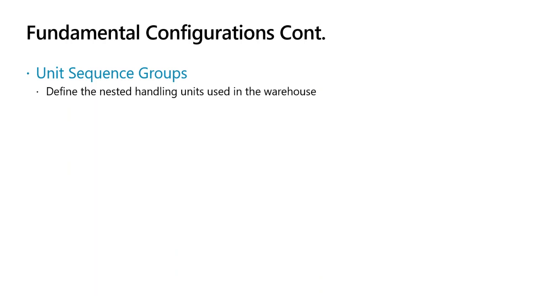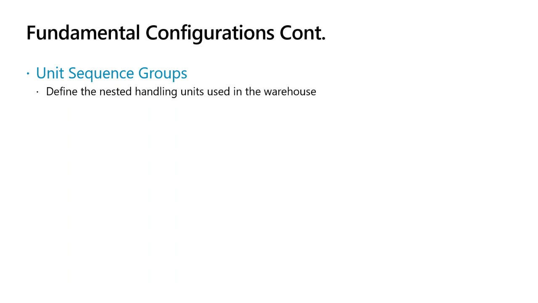So this is the one thing that defines our handling units within the warehouse. On your item, you've got an inventory unit defined, maybe a different selling unit or purchasing unit, but the unit sequence group is telling the warehouse management module specifically what physical units you handle the product in.